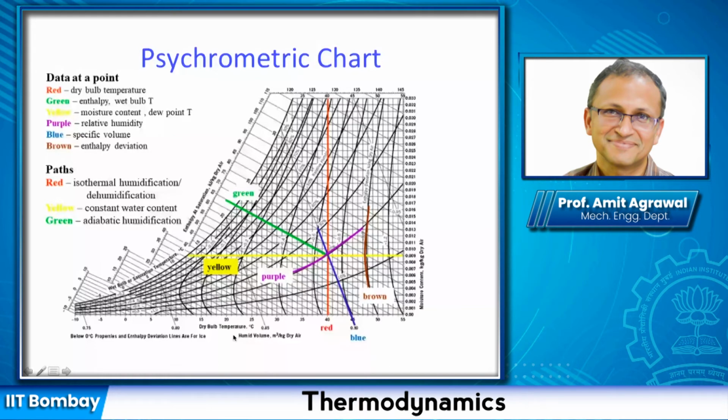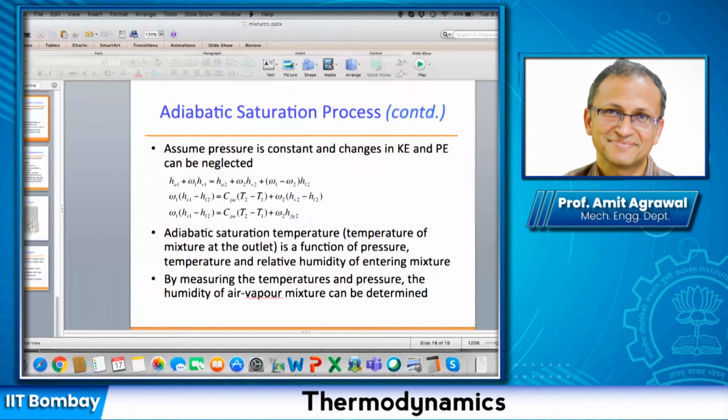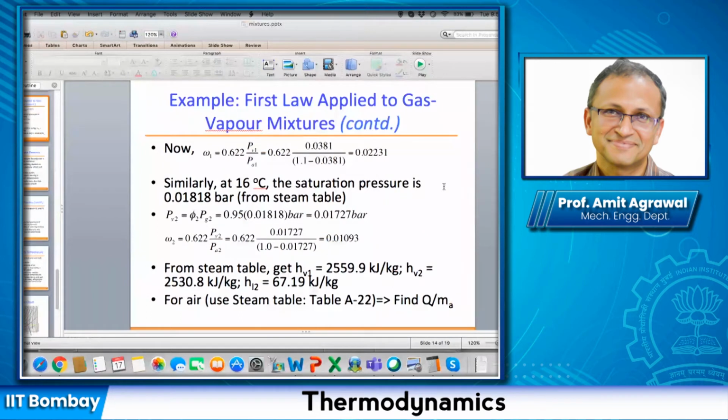I would encourage you to solve at least the second part of this problem, where you have conditions at 1 bar. Look at the saturation pressure that you get versus whatever you get from the chart, and you will see that they are indeed very close.